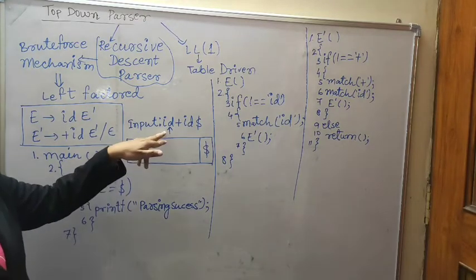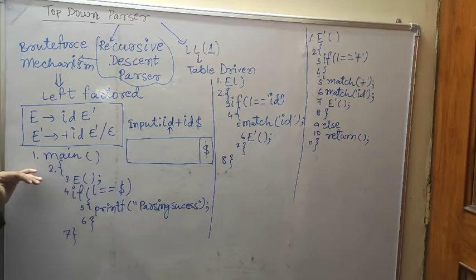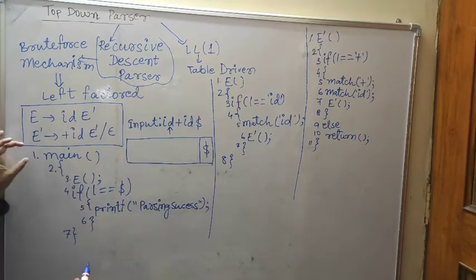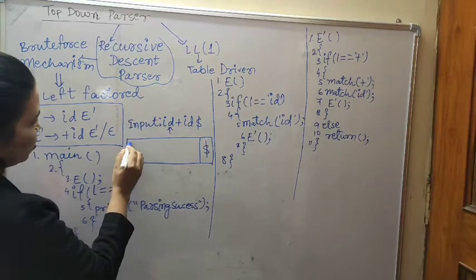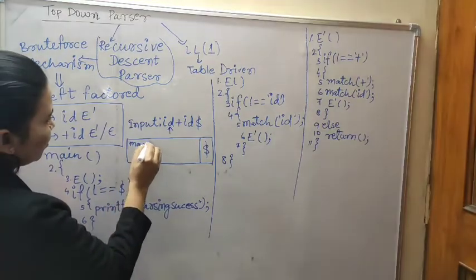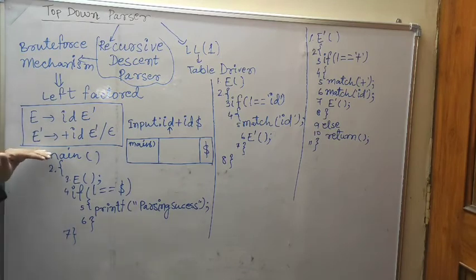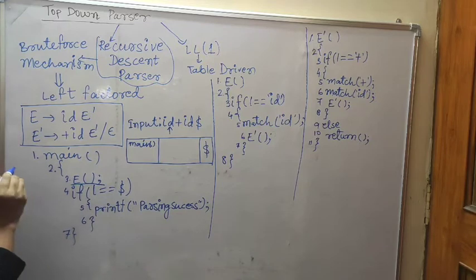Now what is the look ahead? id. We are going first from the main function. In a recursive descent parser, we always call the main function first. Write down main function. We have called the main function. Going inside, first what is given? Call to E function.